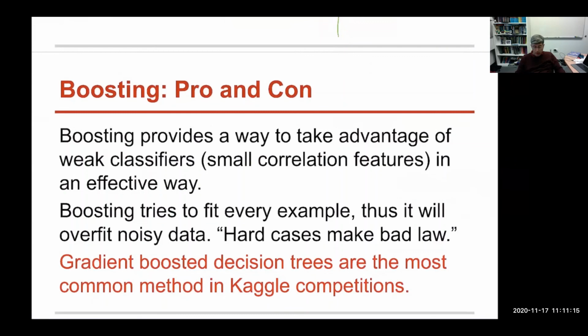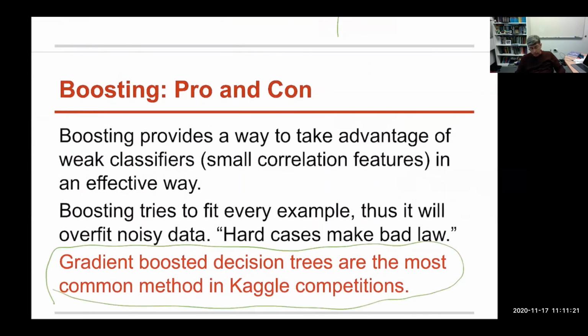Okay. Bottom line, boosted decision trees. Using an ensemble of decision trees, where you use boosting to weight these trees, ends up being the most popular method on Kaggle. On Kaggle competitions, if you look at what the winning machine learning method is, it is most often gradient boosted decision trees.